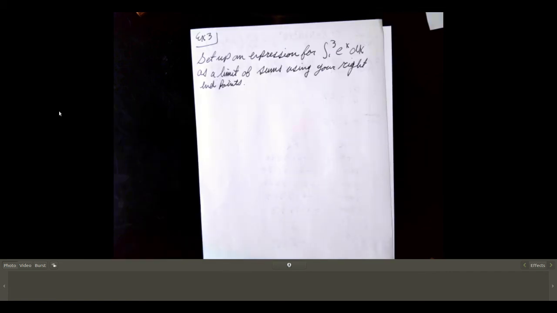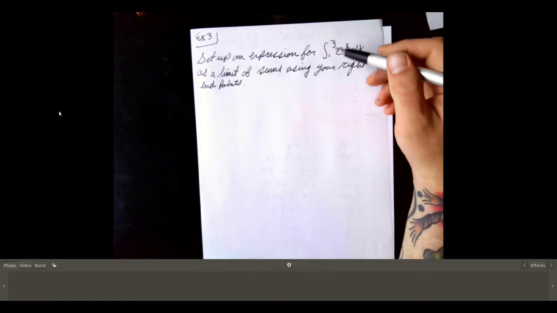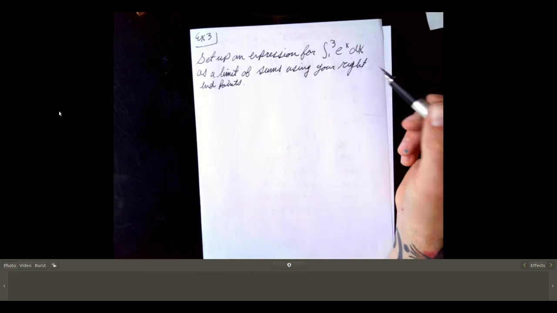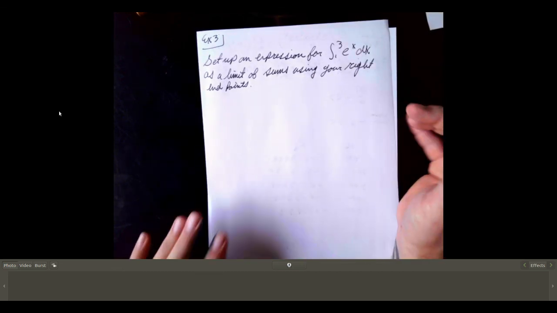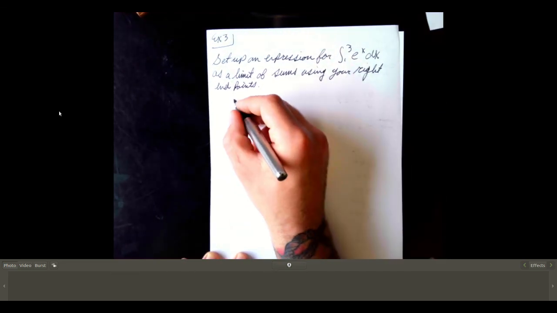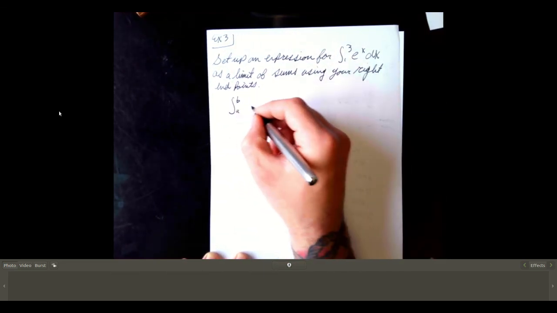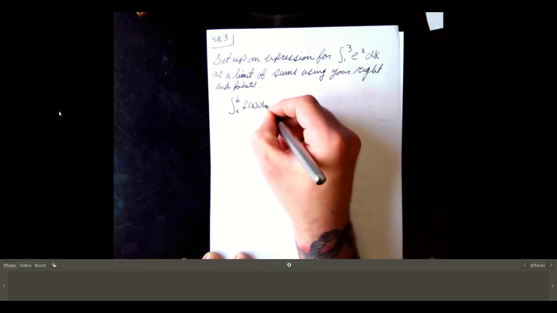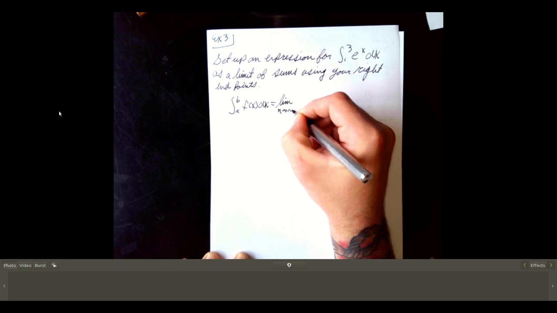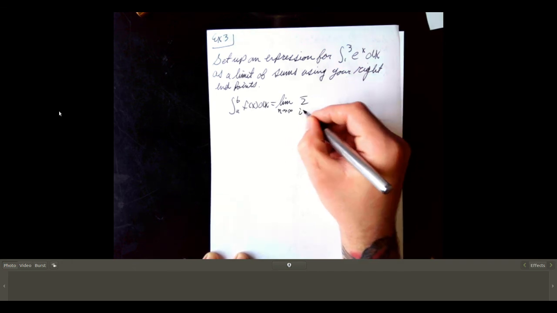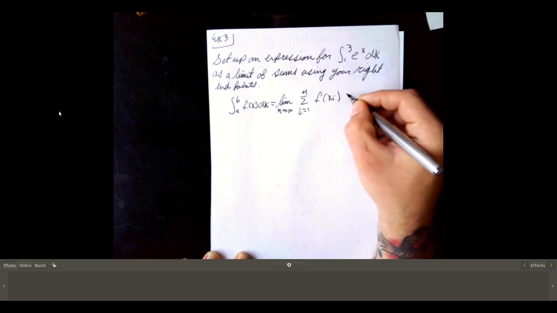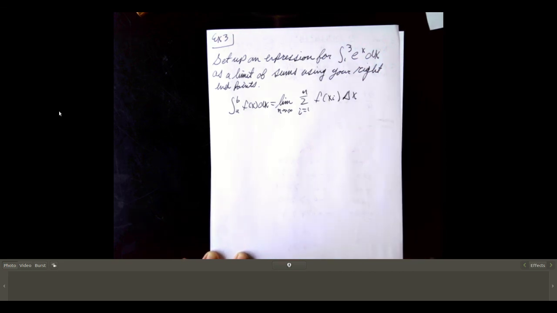For our next example, we're going to set up an expression for the integral from 1 to 3 of e to the x dx as a limit of sums using right endpoints. So we're going to use the definition that the integral from a to b of f of x dx is equal to the limit as n goes off to infinity of the sum from i equals 1 to n of f of xi delta x.